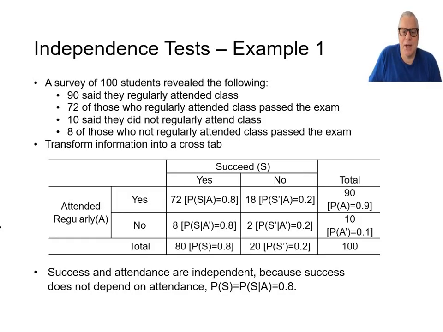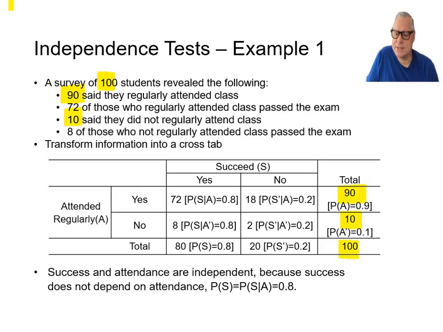Let's start with how many students attend class regularly. Well, that's 90. Because we had 100 in total, that means 10 must not have attended class regularly.